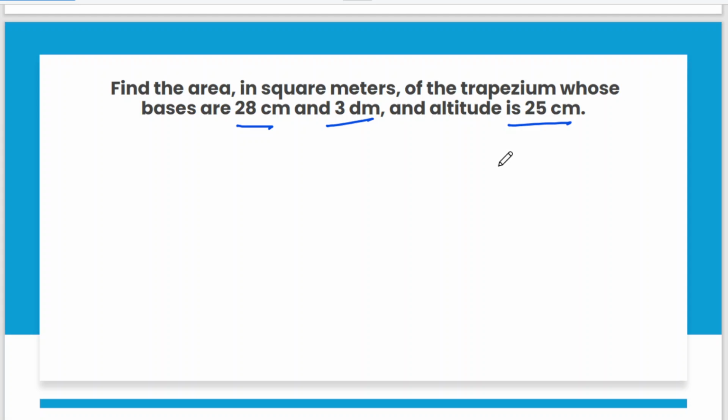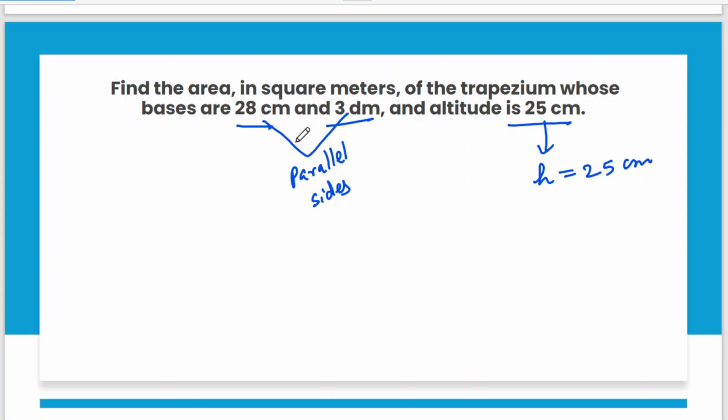So in area of trapezium, we need the sum of the parallel sides. So these are your parallel sides. Okay, and altitude is given as this is your h, that is 25 centimeter.